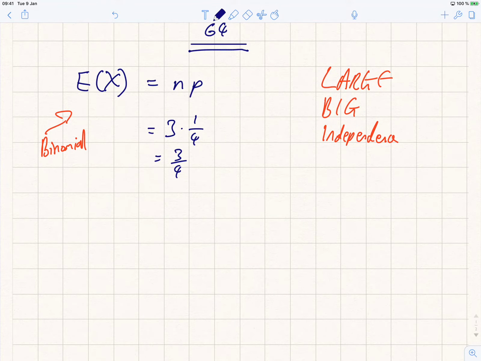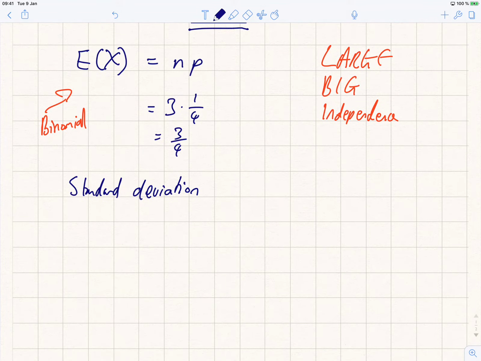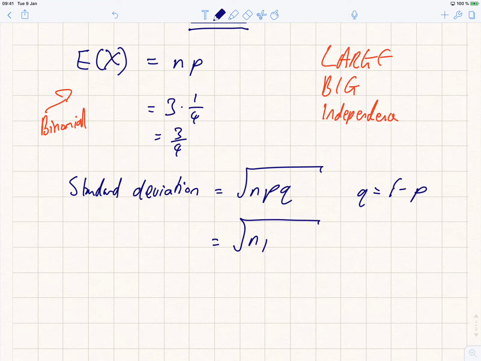If I wanted the standard deviation, remember EX is the expectation. The standard deviation is equal to the square root of NPQ, where Q is equal to 1 minus P. So we could write that as the square root of NP(1 minus P).